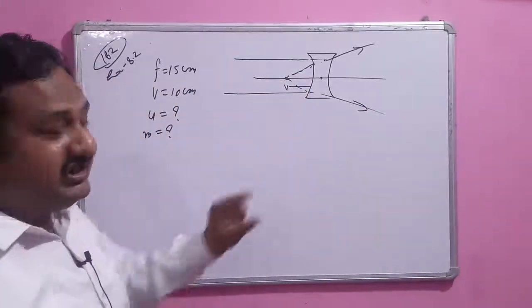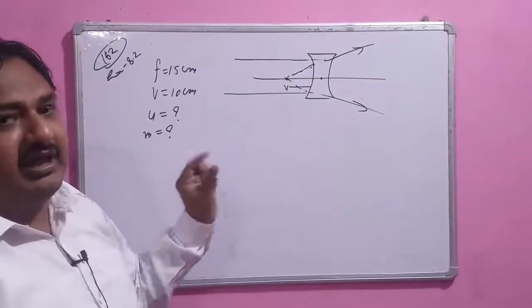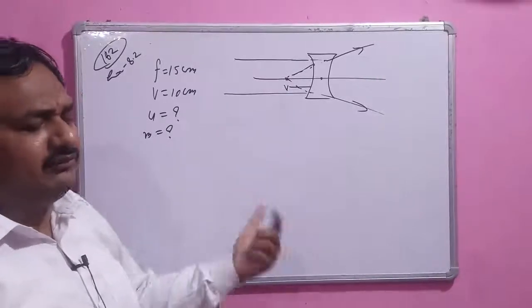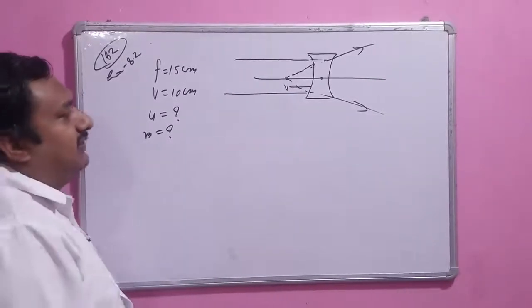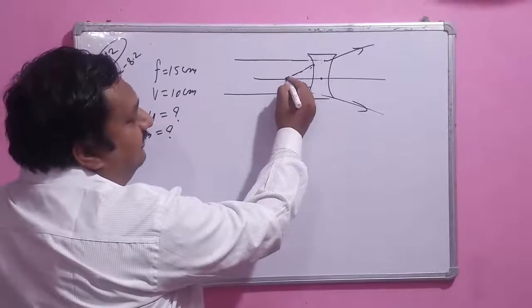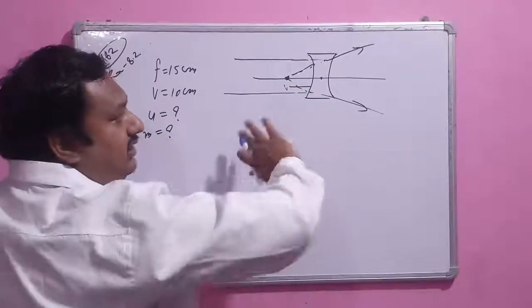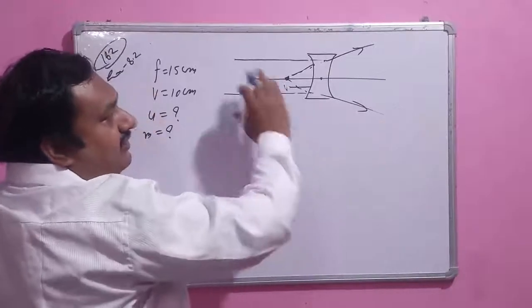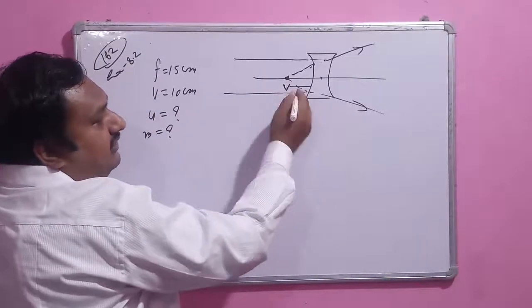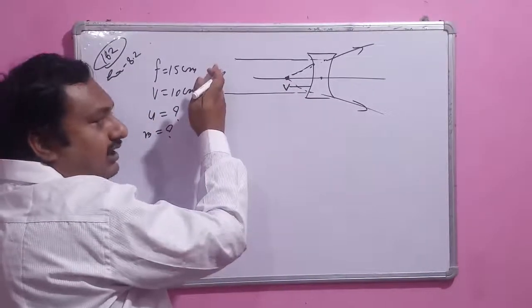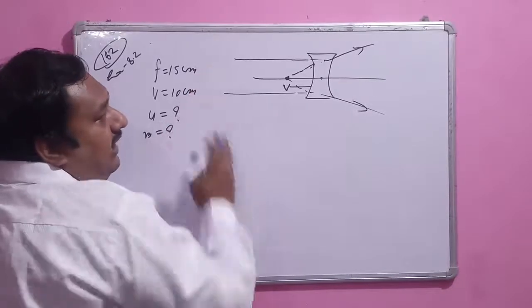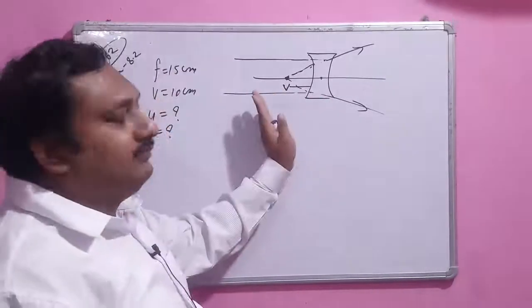They appear to meet here. This is the virtual and erect image they will find. So in this case, I am defining the focus. If the image is forming on this side, surely the object is also on the left of the lens, and the focus is also on the left of the lens.